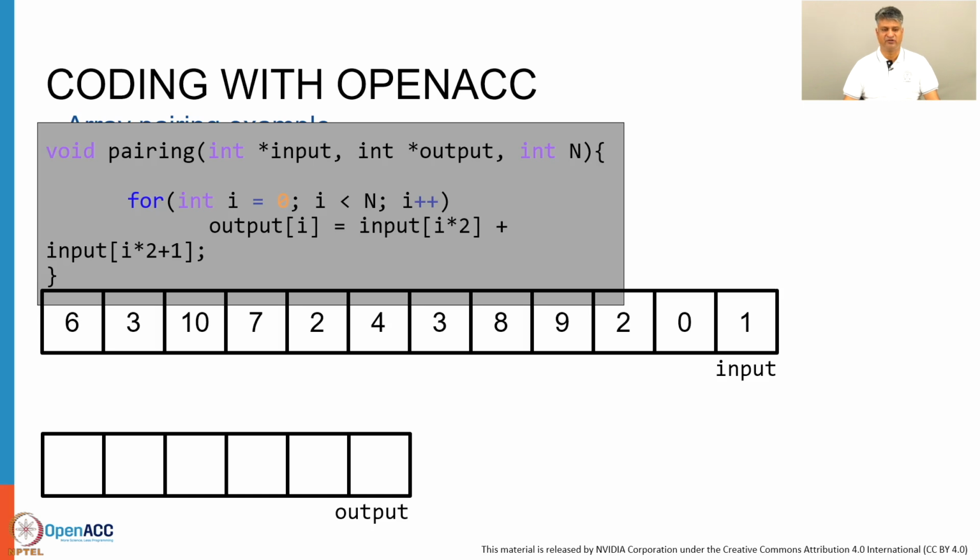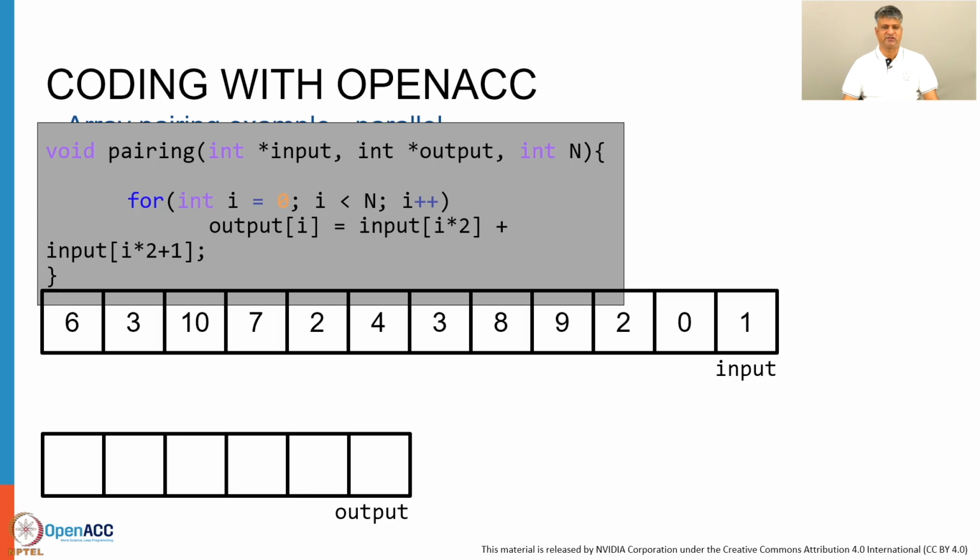For example, the first entry in the output array will be 9, which is 6 plus 3. The second element would be 17, which is 10 plus 7. Then you have 6, you have 11, you have 11 again, and then finally 1.